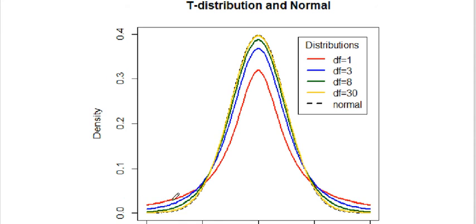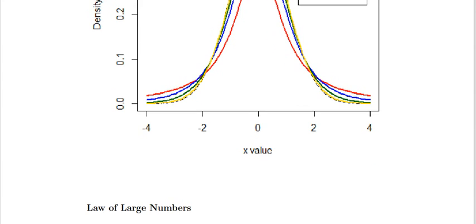If this T distribution has degree of freedom 1, this one degree of freedom 3, this one degree of freedom 8, and the yellow one degree of freedom 30, we can find when the degree of freedom is quite large, the T distribution is close to standard normal. So their relationship is like this.